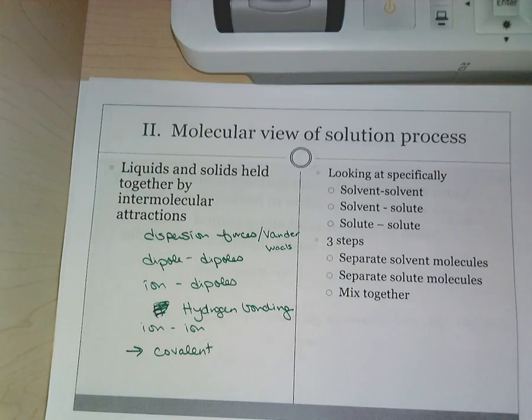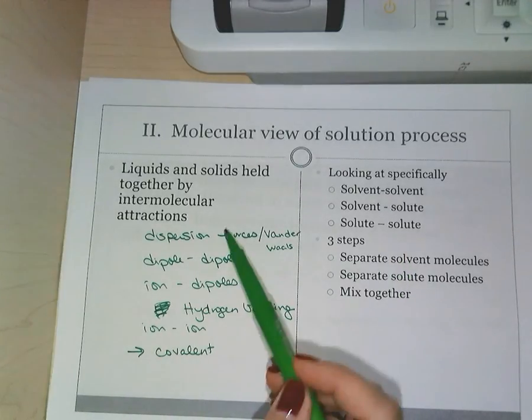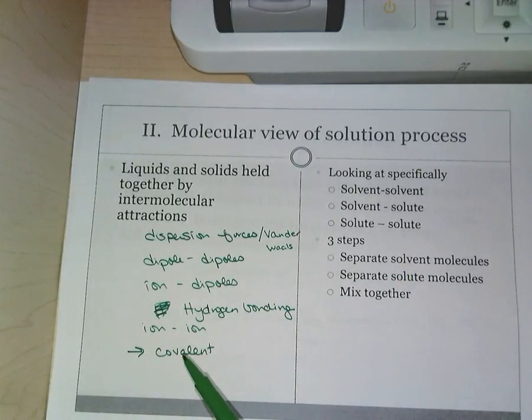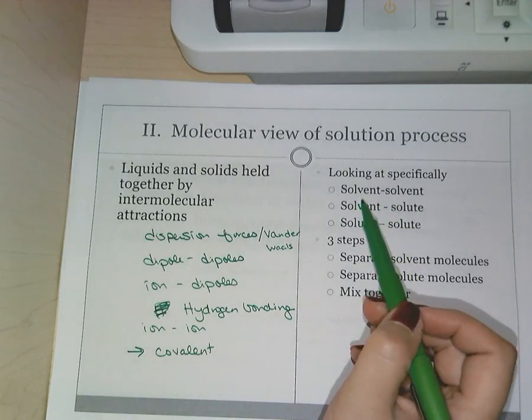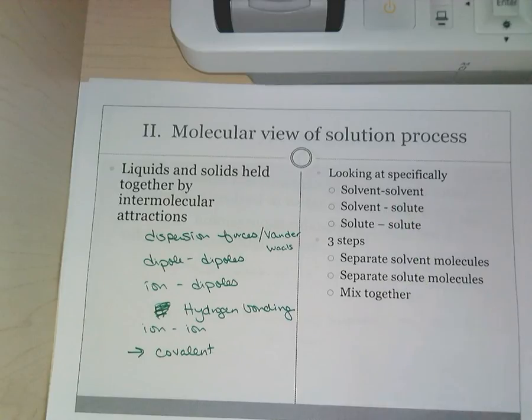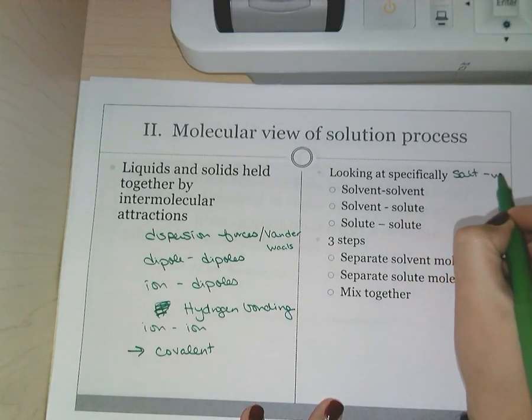So we are examining a solution. We have to consider 3 different types of interactions. So we have all these types of attractions, but we want to look at the interaction between the solvent and the other solvent molecules. So let's say we have water, we have our salt and water solution.